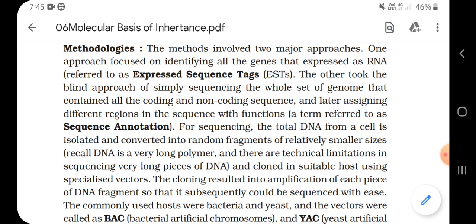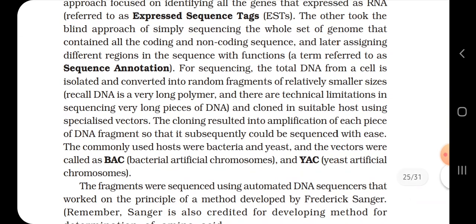And the common vectors used by the scientists were the BAC and the YAC. The BAC stands for bacterial artificial chromosome and the YAC stands for yeast artificial chromosome.